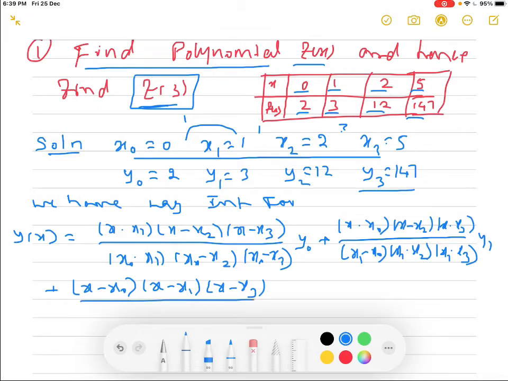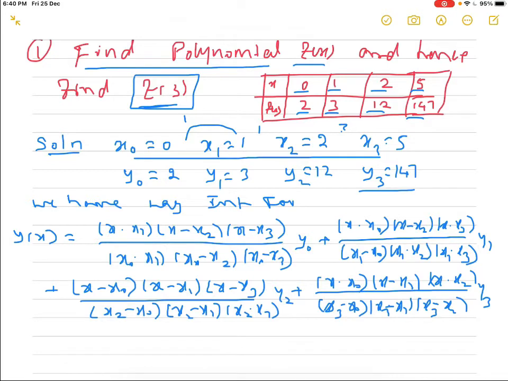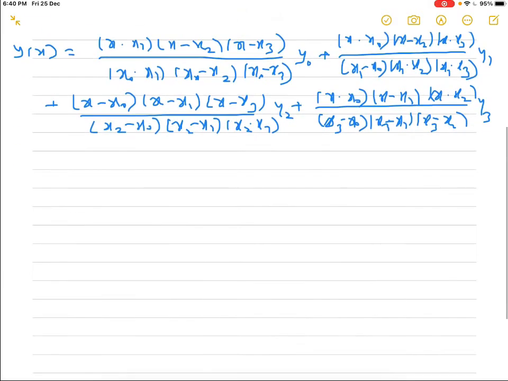plus x minus x0, x minus x1, x minus x3 divided by, to subtract from x2 minus x0, x2 minus x1, x2 minus x3 into y2 plus x minus x0, x minus x1, x minus x2 divided by, I have to subtract from x3 minus x0, x3 minus x1, x3 minus x2 into y3.